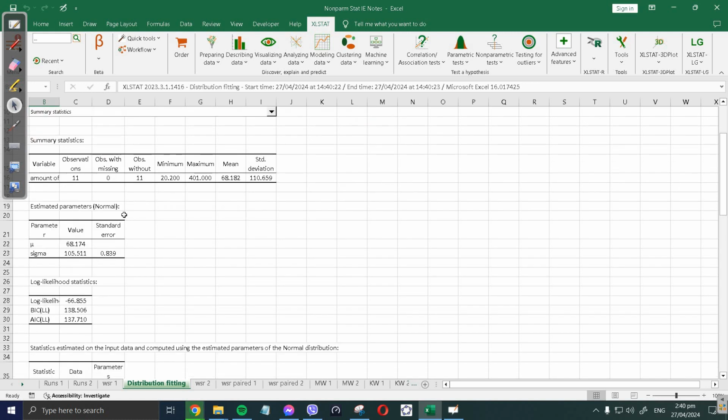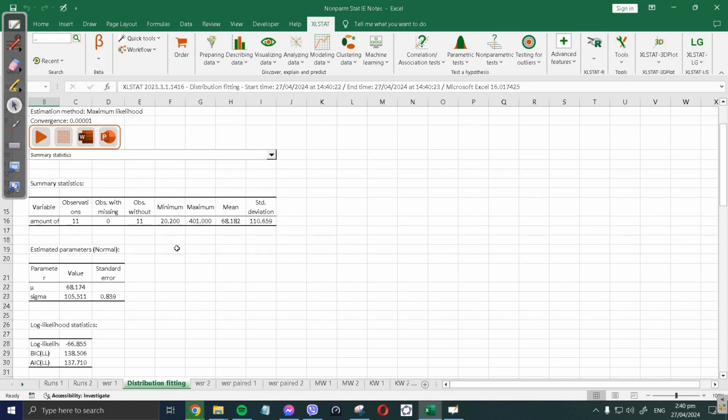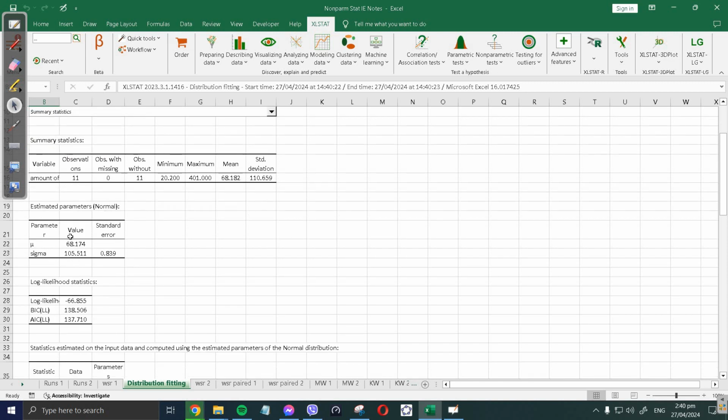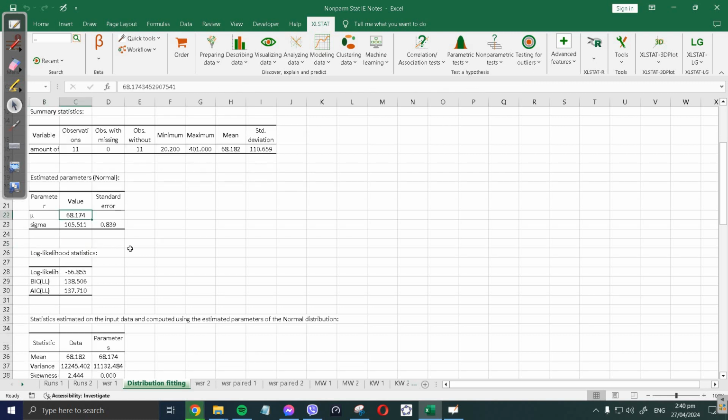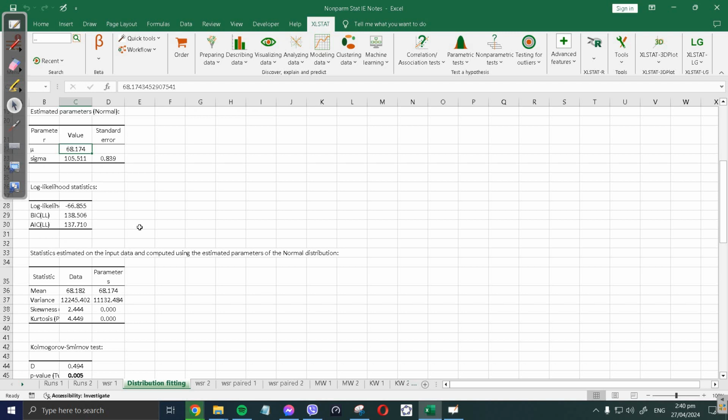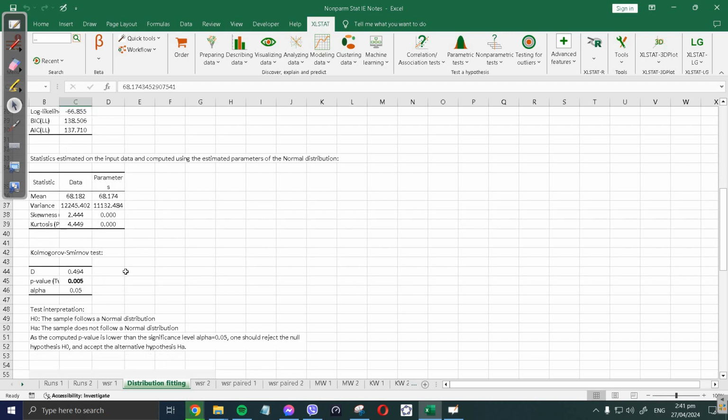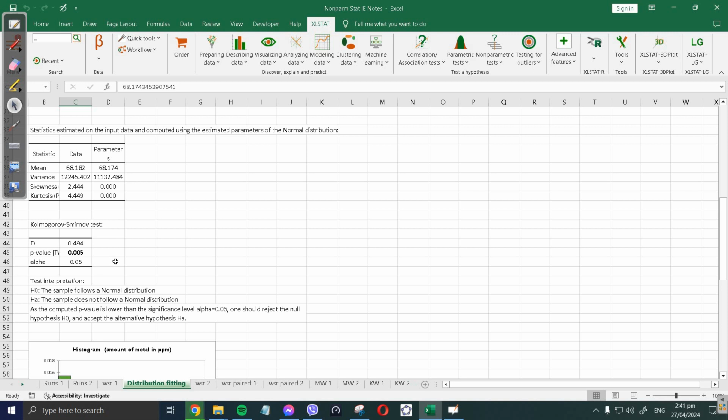First, we are given summary statistics: the sample size, the minimum, the maximum, the mean, and the standard deviation. We're also given the estimated mean and the estimated sigma, which are the statistics estimated on the input data and computed using estimated parameters. And then we have our Kolmogorov-Smirnov test.